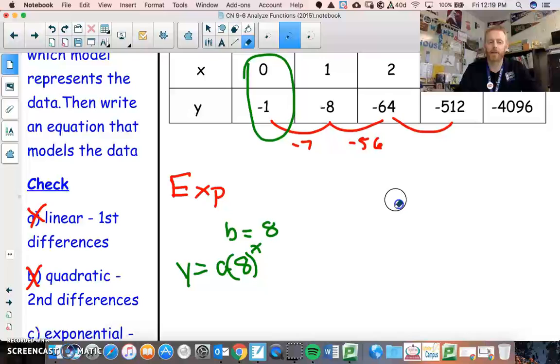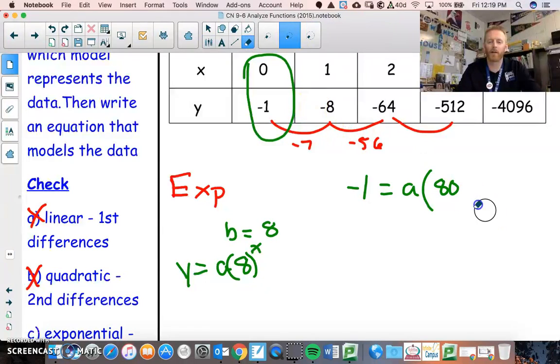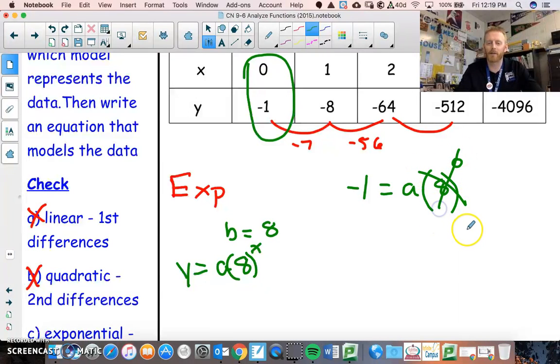I wrote down negative y when I said negative 1. That's pretty silly. So we have a negative 1 is equal to a times 8 to the 0 power. I'm saying things but not writing them. 8 to the 0 power is just 1, so we're going to just call that 1. That means a is equal to negative 1.